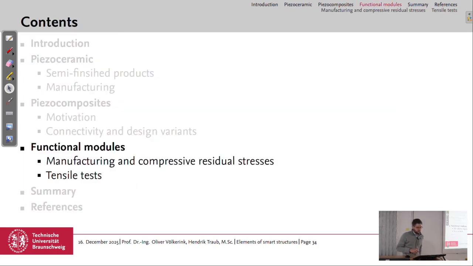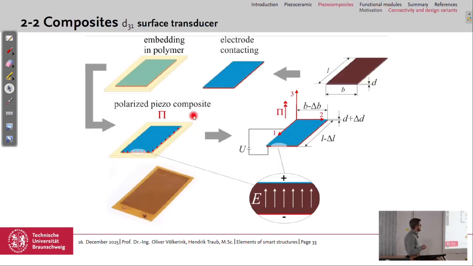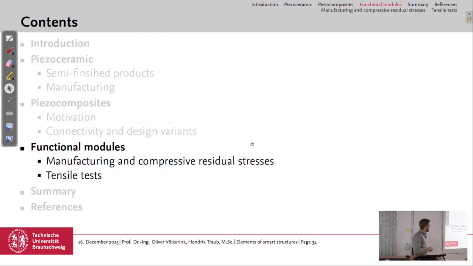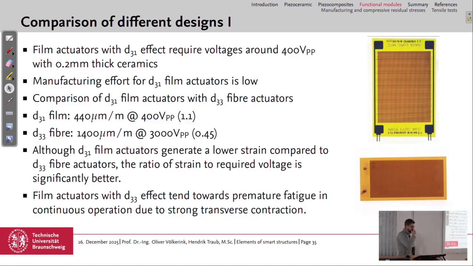So now we are coming to the functional modules. We had a look rather theoretically at how they are built up, how the connectivity is and which effect we are using. Now we look at the functional modules, so really the transducers we have on this specimen. And if we compare different designs, we saw that we can have surface actuators with the D31 and the D33 effect.